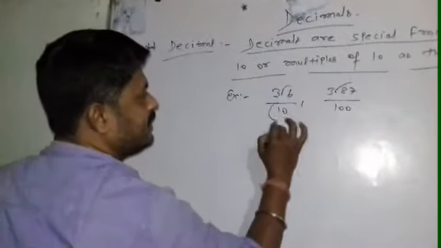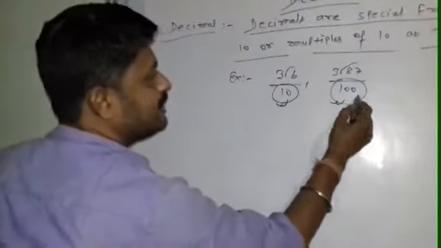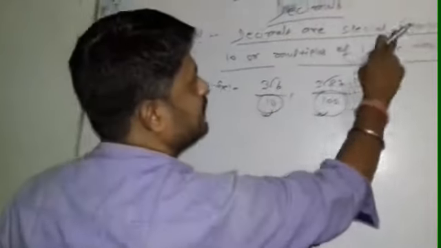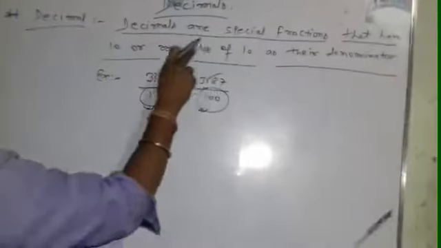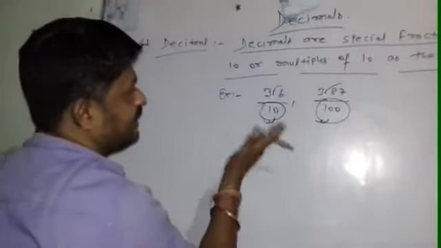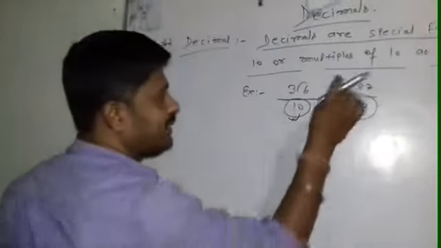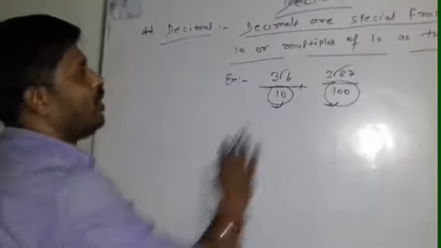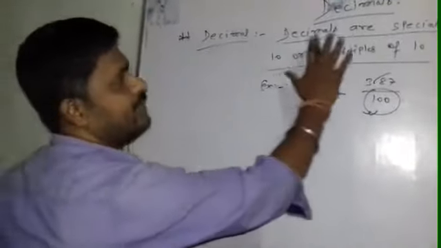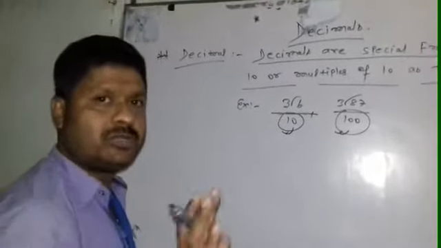We can see that here is 10, here is 100. This is 10 and this is a multiple of 10. So it is clear that decimals are the special fractions that have 10 or multiples of 10 as their denominator.